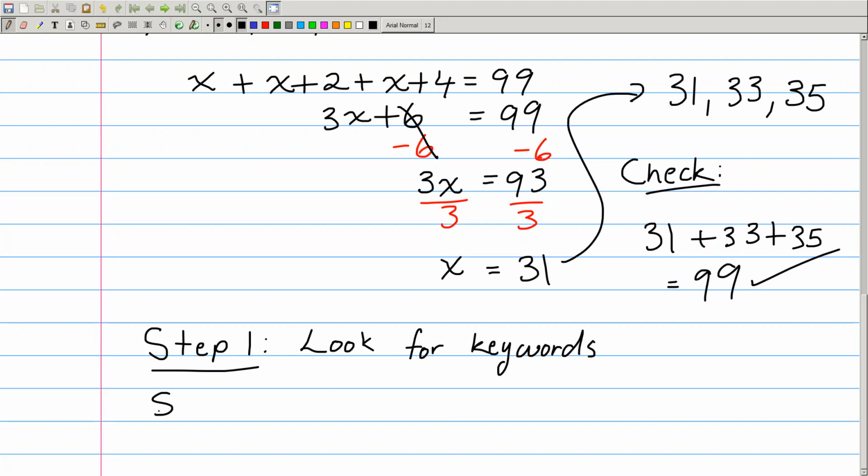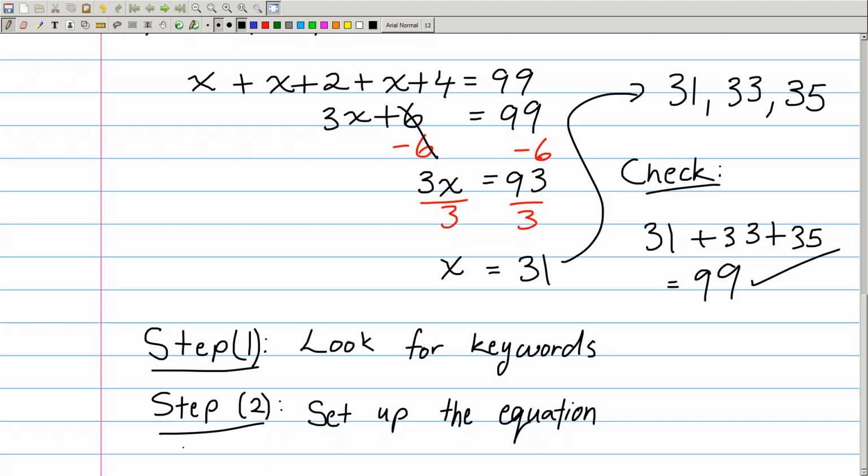Step 2 would be set up the equation. And step 3, guys, is solve. It really is that simple.